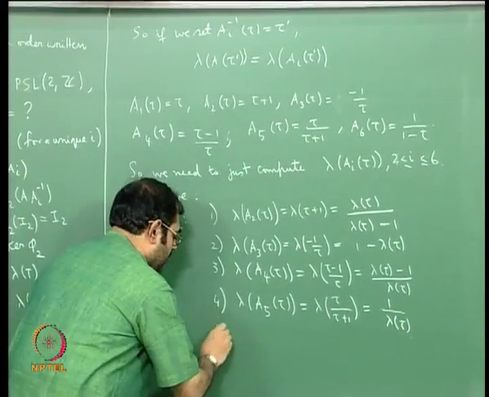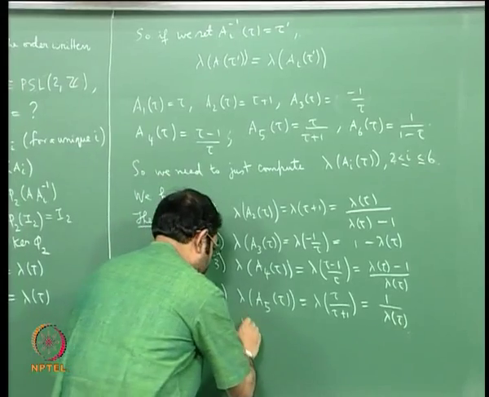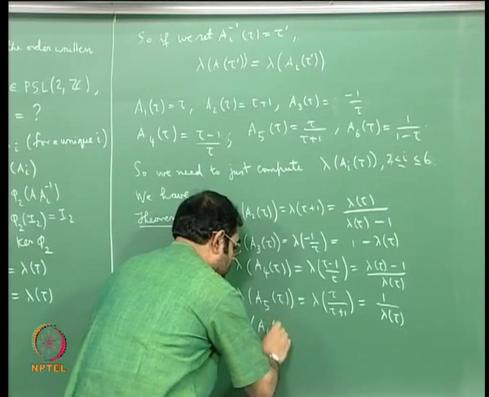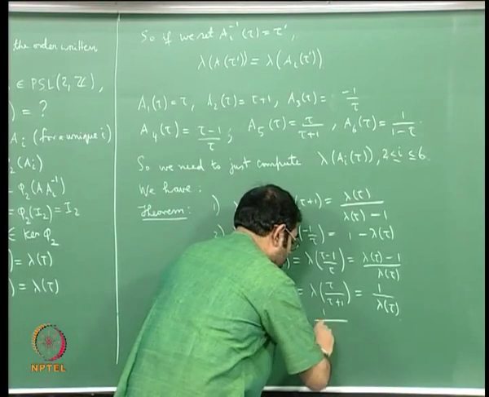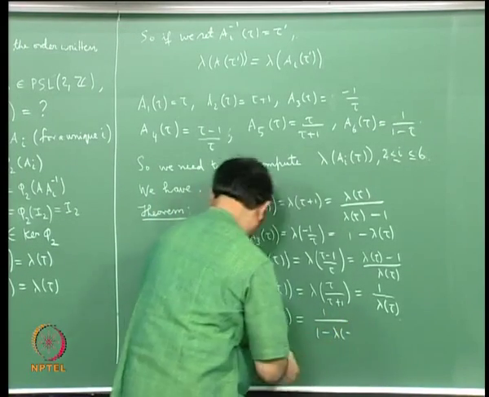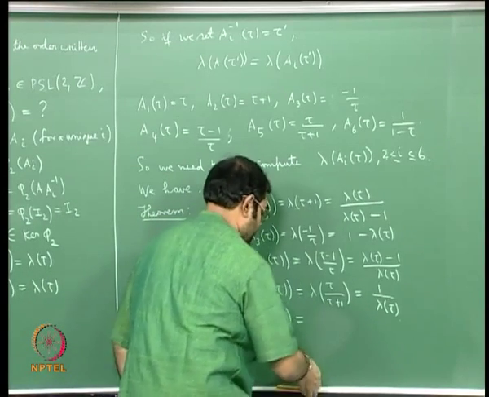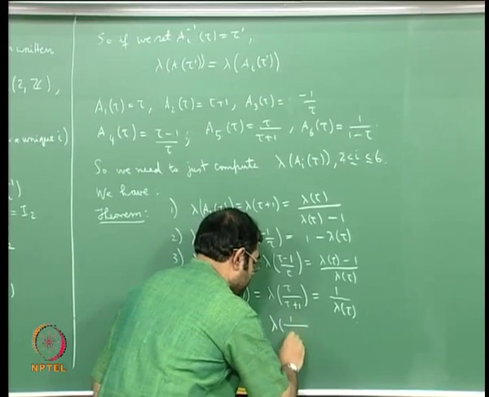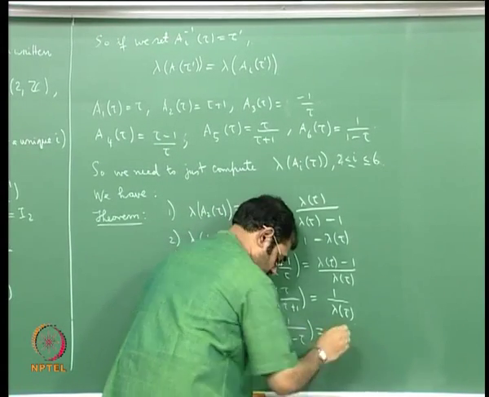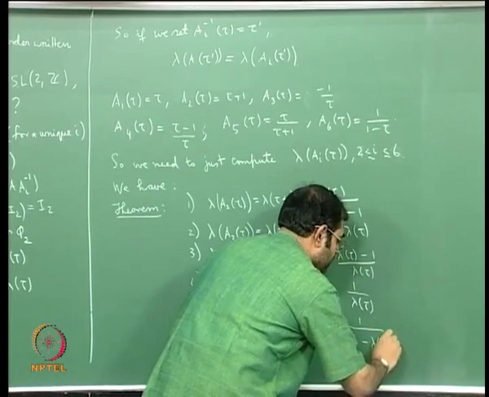And the fifth one, lambda of a6 tau, comes out to be 1 by 1 minus lambda tau. So a6 tau is 1 by 1 minus tau, and that just turns out to be 1 by 1 minus lambda of tau.